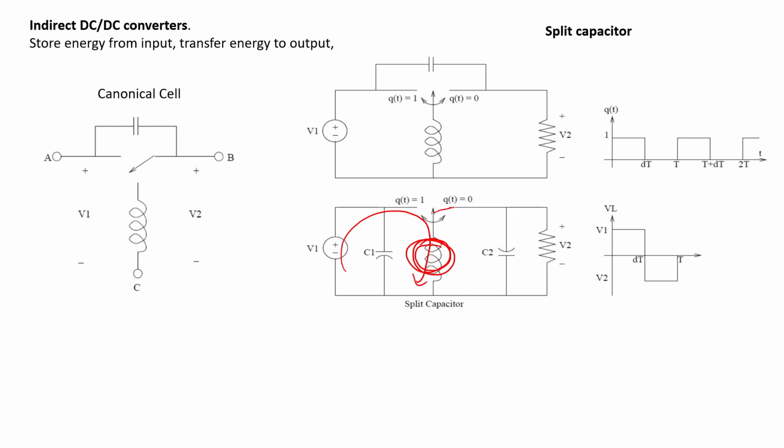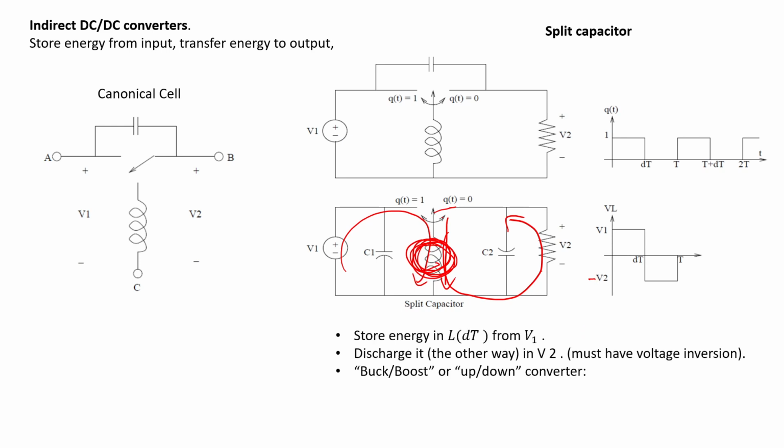When you switch to this part, it's still spinning magnetic flux this way, which means current still flows from top to bottom, and then it flows like this. So you can see the current flows in the reverse polarity of the load. That's why the voltage VL here is minus V2. Okay, minus V2.